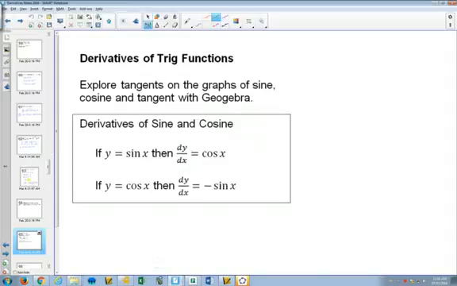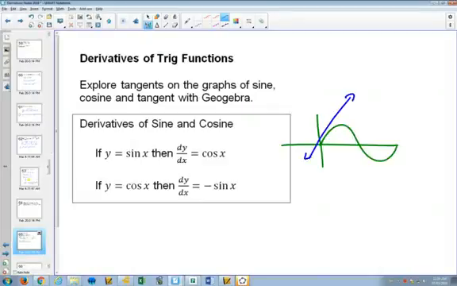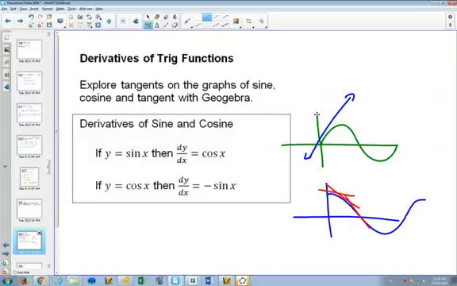But if I think of my cos graph, it's going to start off with tangents whose slopes are negative. And so that helps me remember that the derivative of cos is negative sine.